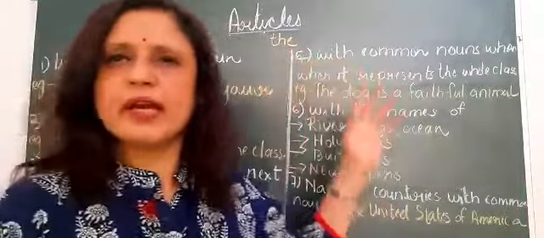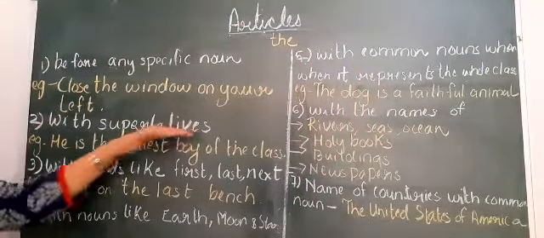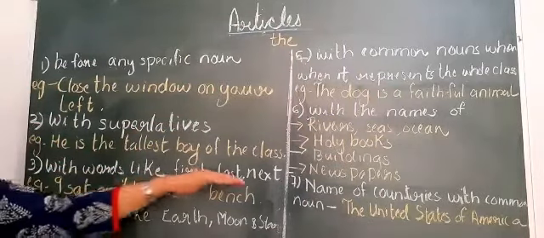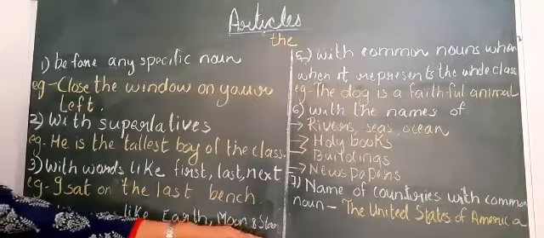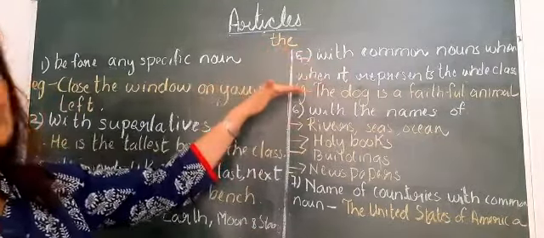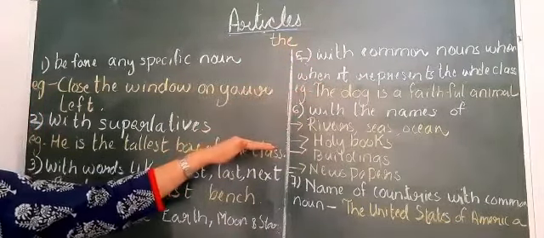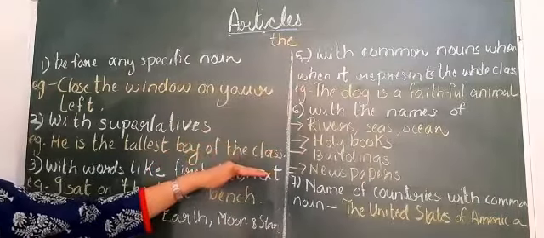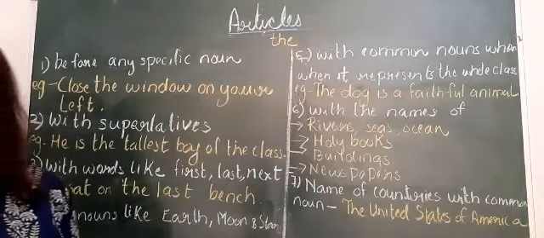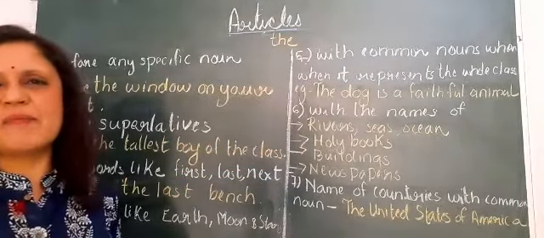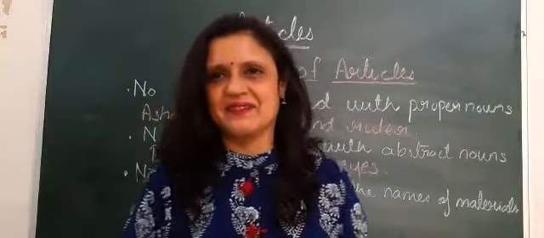Here is a quick recap: before any specific noun, with superlatives, with words like first, last, next, with nouns like earth, moon, stars, with common nouns when they represent the whole class, with the names of rivers, oceans, holy books, buildings, newspapers, then with the names of countries with a common noun like the United States of America.